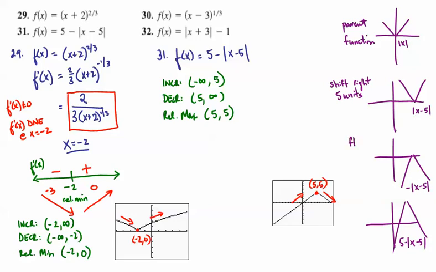Then we have flip, and then it's a shift up 5 units. And that completes the transformation. So hopefully you can learn to do that with absolute value linear equations. Alright, we'll go on to the next problems in the next video.